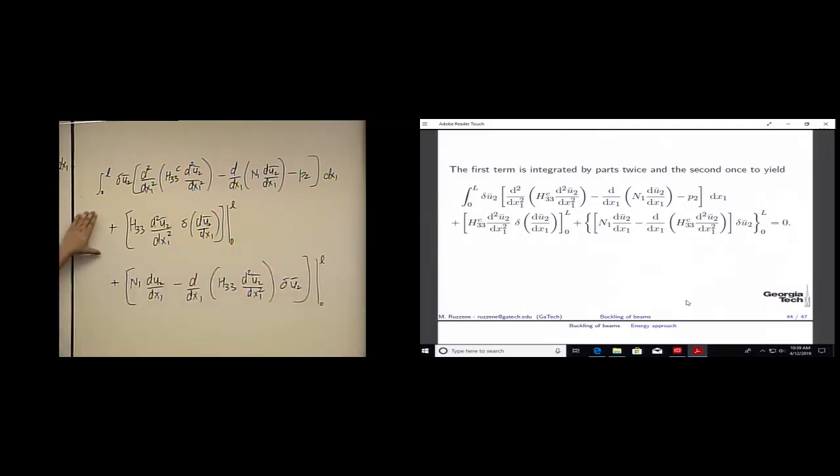So these two terms are a result of the integration by parts.